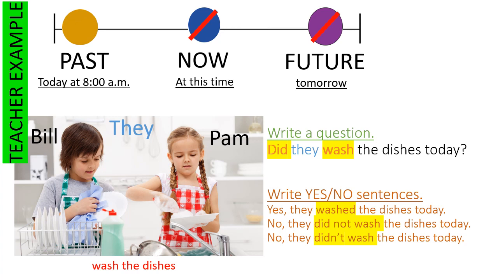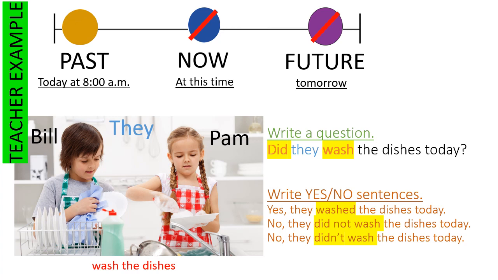Okay, so you also look at the picture. So look at the blue word here. It says they. So they will be the who in my question and in my answers. And then the red words are the action or activity that you need to ask about in your question and also write about in your sentences.